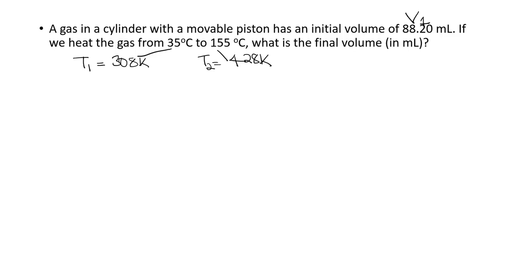So the question is, what is the final volume? So this is what we are looking for, V2. So as usual, Charles' law says V1 over T1 is equal to V2 over T2. And we want T2 to be on its own.